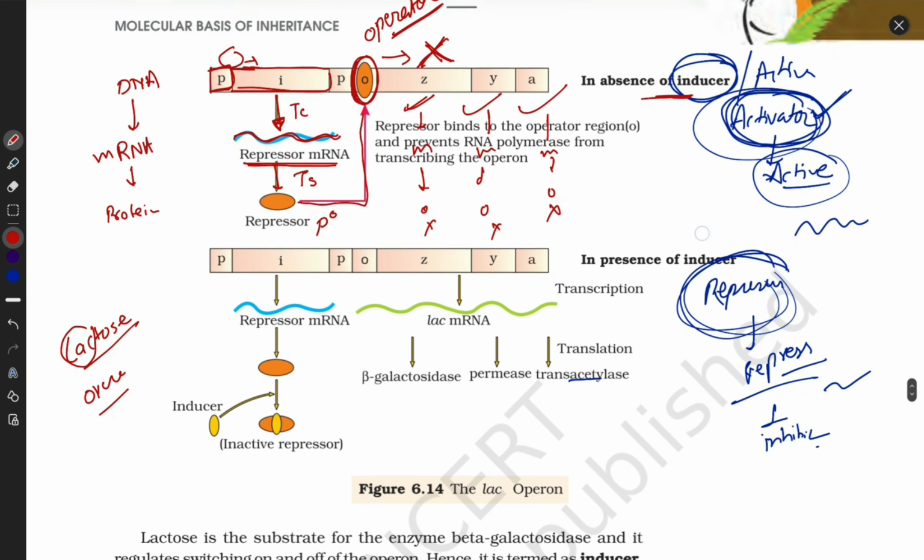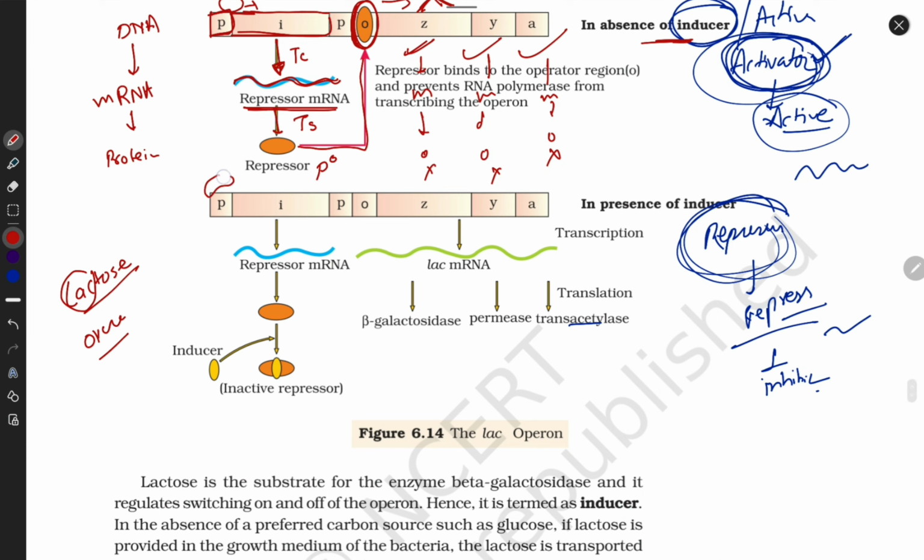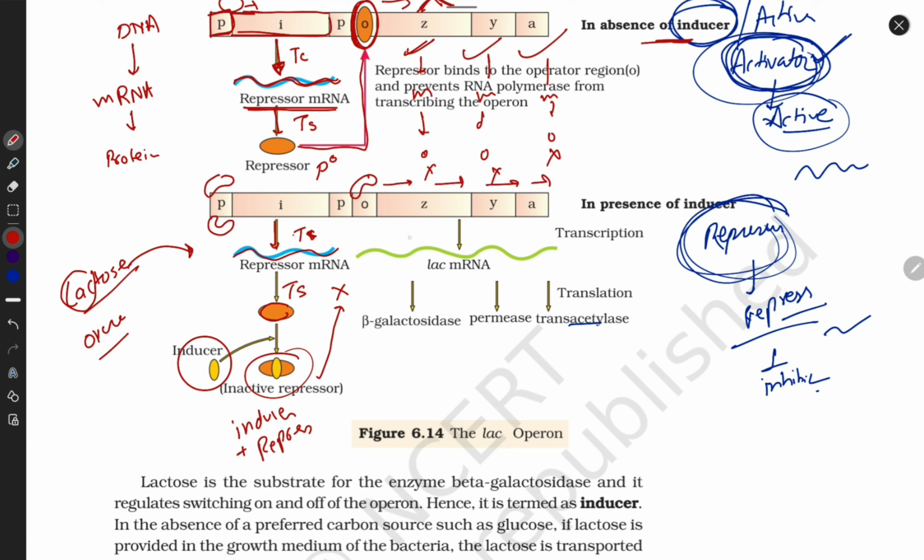RNA polymerase binds and again transcribes repressor mRNA, and with translation makes repressor protein. But if we provide lactose in the medium, it makes inducer, and the inducer binds with the repressor. So this repressor can't reach the operator. Your process still continues and they transcribe Z mRNA, Y mRNA, and A mRNA.